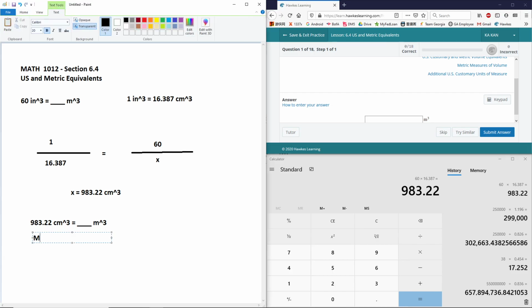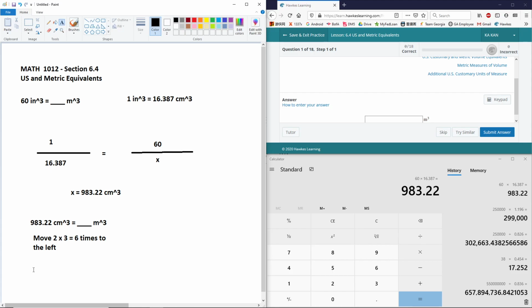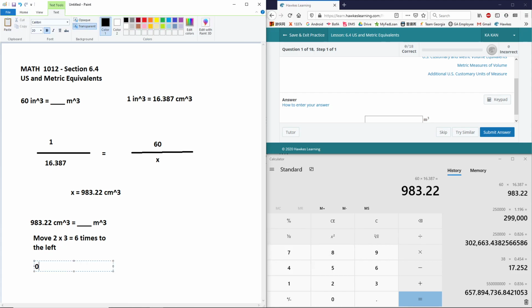So you have to move 6 times to the left. Sometimes I do it like this. You move your decimal right here. 1, 2, 3, 4, 5, 6. You can always use your pen, and that will do it. So that will be the answer.